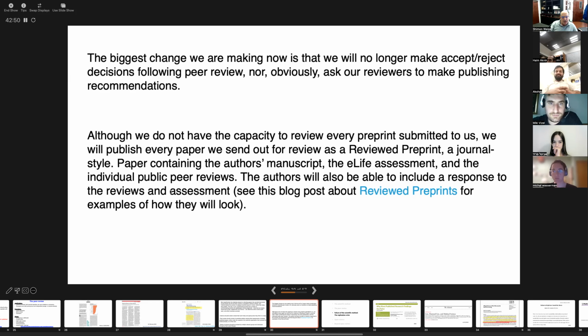Although we do not have the capacity to review every preprint submitted to us, we will publish every paper we send out for review as a reviewed preprint, a journal style paper containing the author's manuscript, the eLife assessment, and the individual public peer reviews. The authors will also be able to include a response to the reviews and assessments.